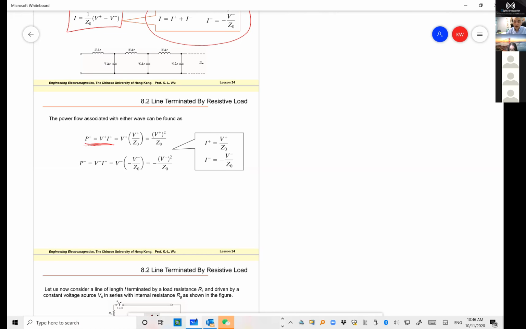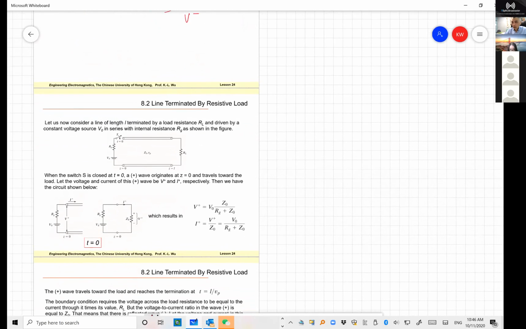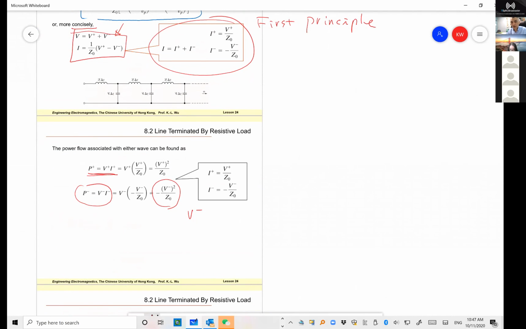Then the power carried by the signal, the voltage and current propagating in the minus direction, is determined by the voltage magnitude of V minus. So those are just definitions.